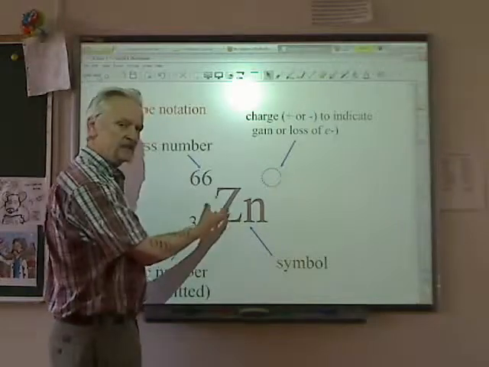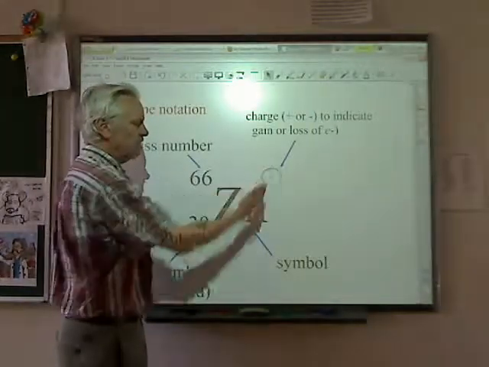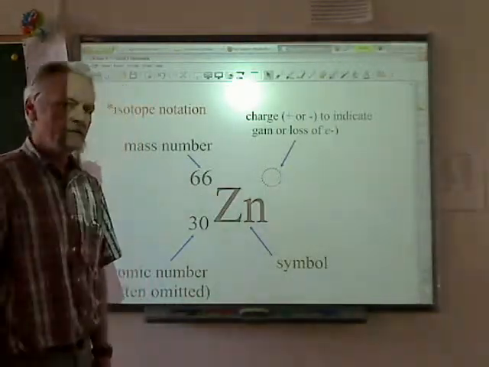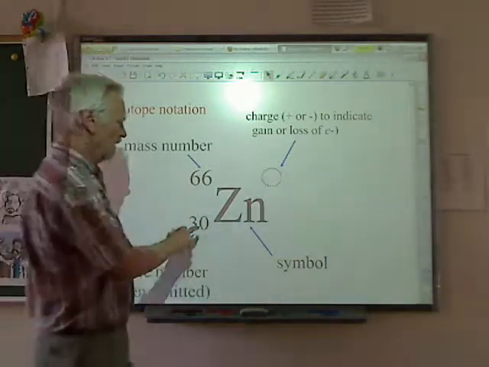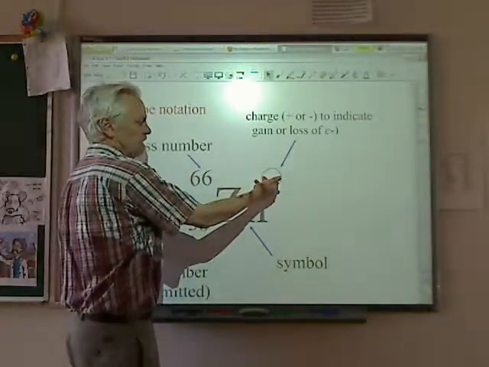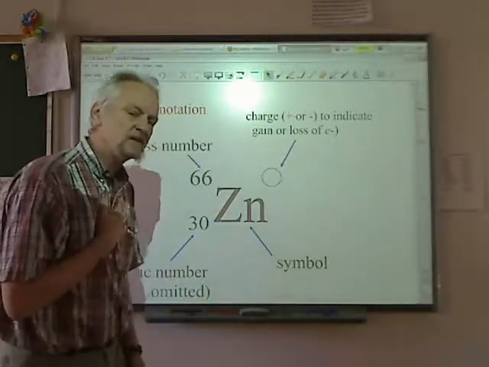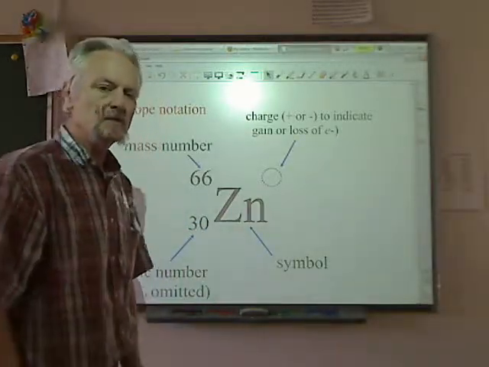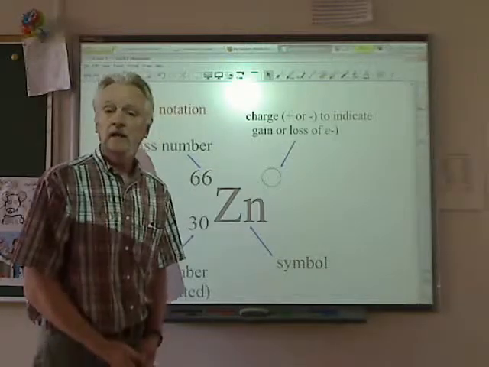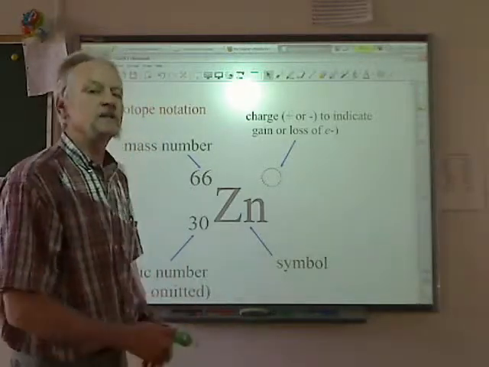And so it's implied in this symbol, if nothing is written there, that this atom of zinc has 30 electrons. 30 electrons of -1 charge plus 30 protons of +1 charge gives us overall charge neutrality, and hence this atom doesn't have a charge.